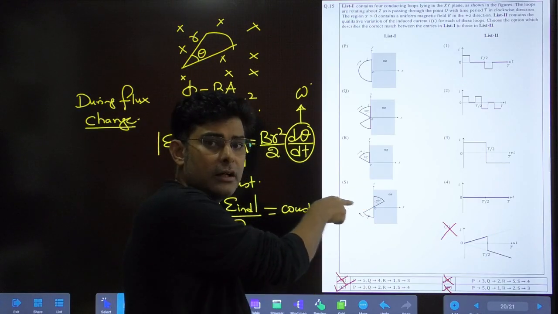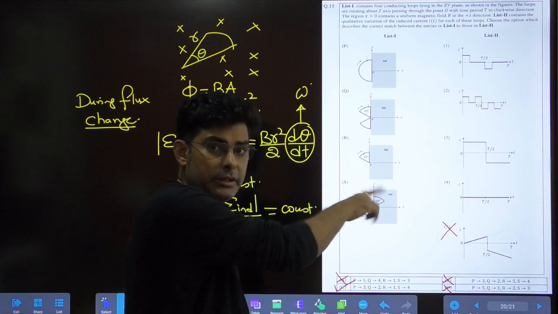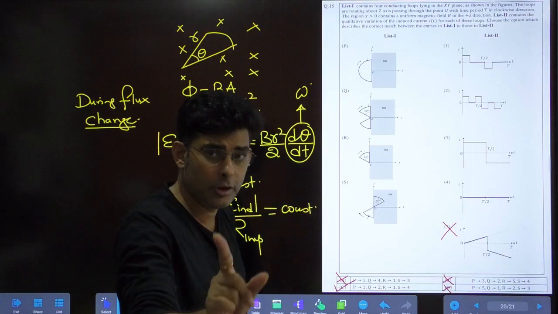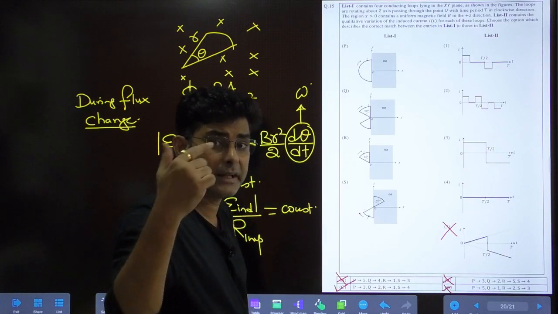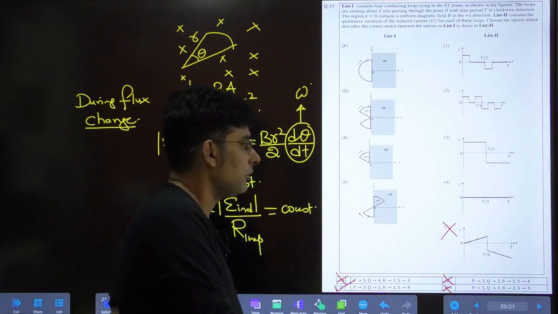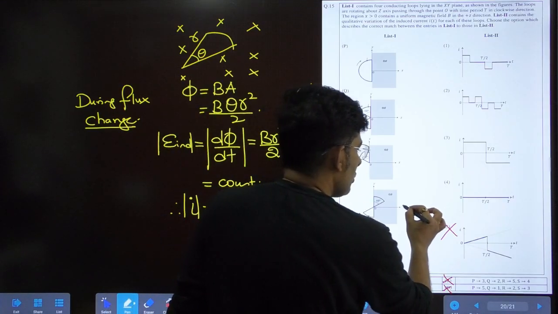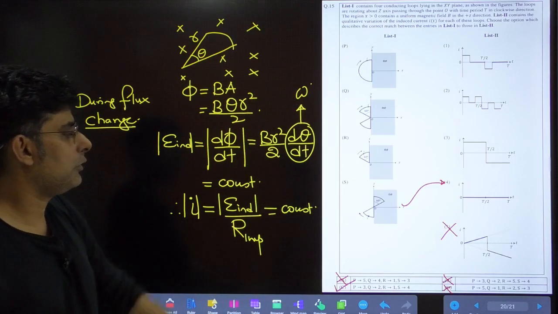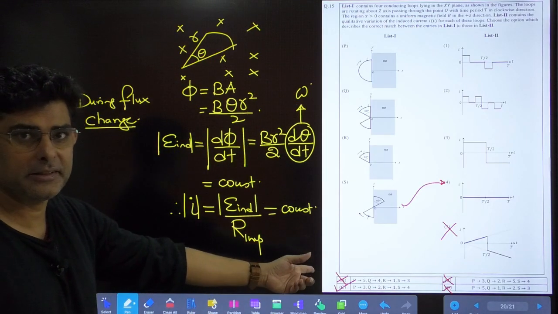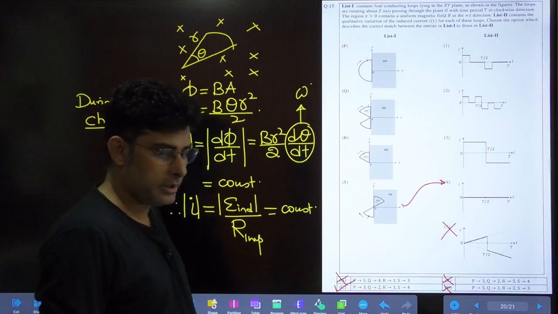So in this case the net flux will always be zero, that is constant. So the induced EMF, which is the rate of change of flux, will always be zero. So S should match with which one? 4. So you got the question solved very easily. I hope this is clear to all of you.